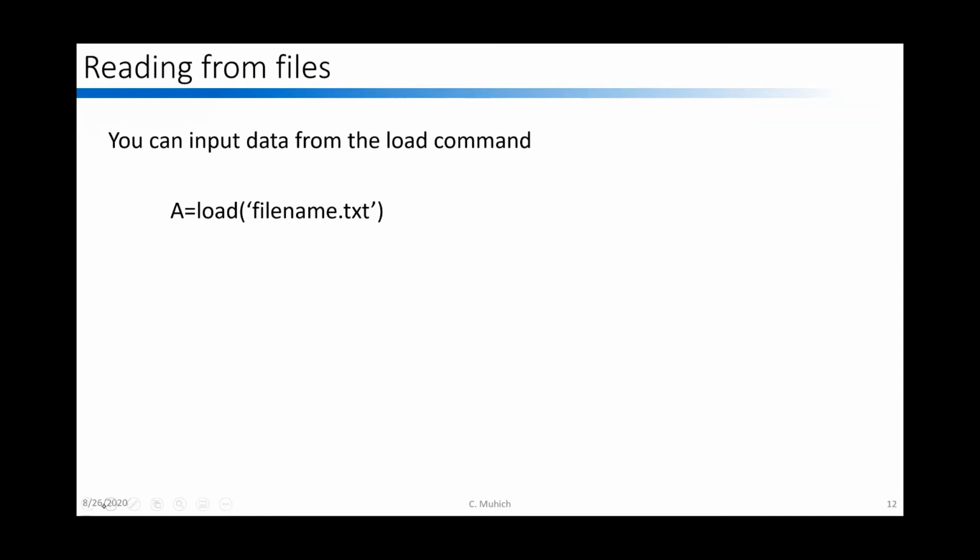So we can also load data from a file or read data from a file and set it to a variable. So instead of doing save, we call it load. We can either save it to a variable directly, so say a equals load file name.txt, or if we want that data to come in as the name of the file, we could just say load file name.txt, and that will then create a new variable called file name.